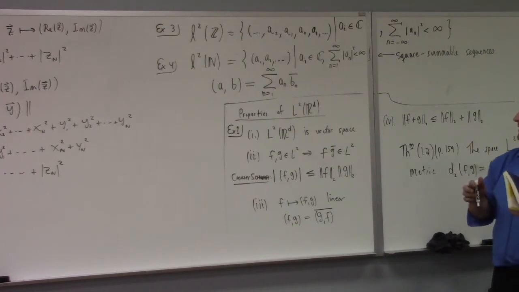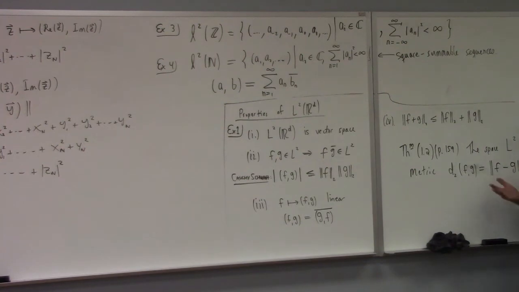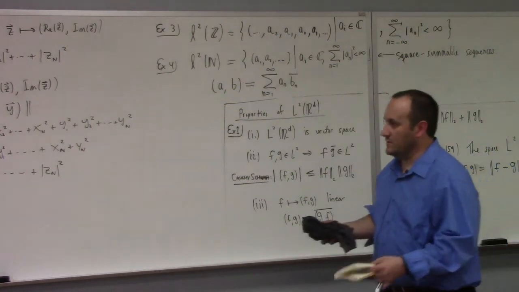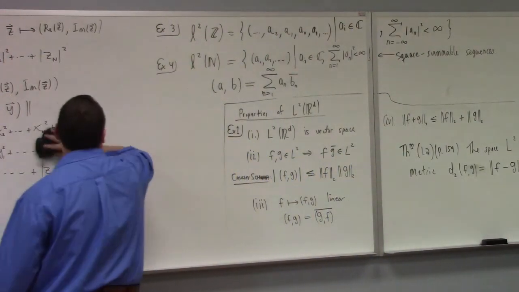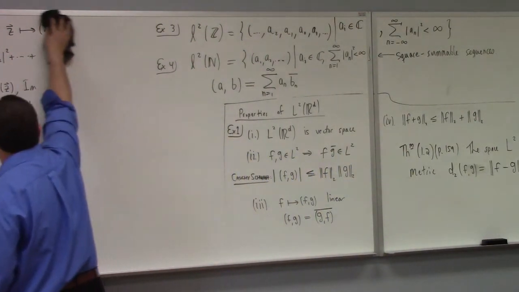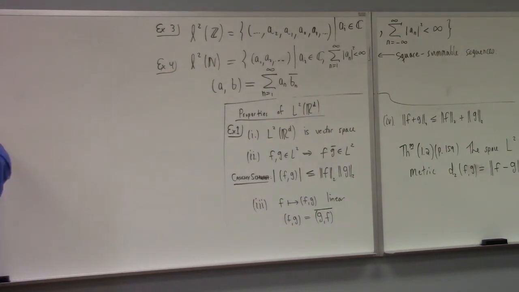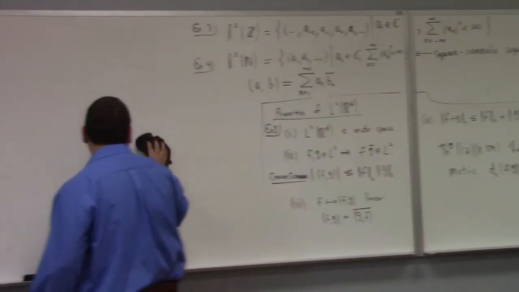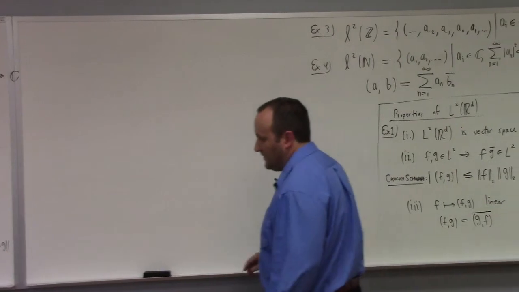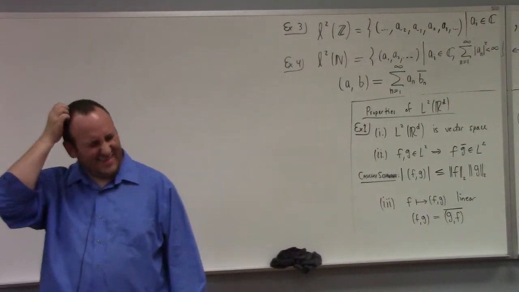Now, I think one of the big reasons Hilbert spaces are so interesting is that we do have a lot we can say about orthogonality, even though it's an infinite dimensional context. In general, it's hard to say things about orthogonal sets in infinite dimensions because it's just not as nice.